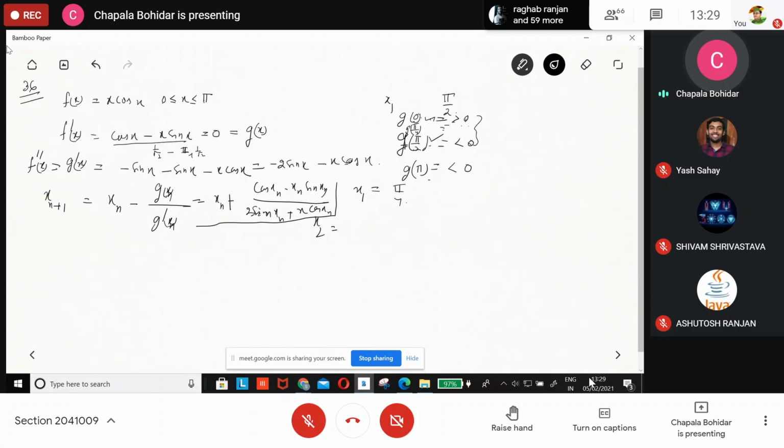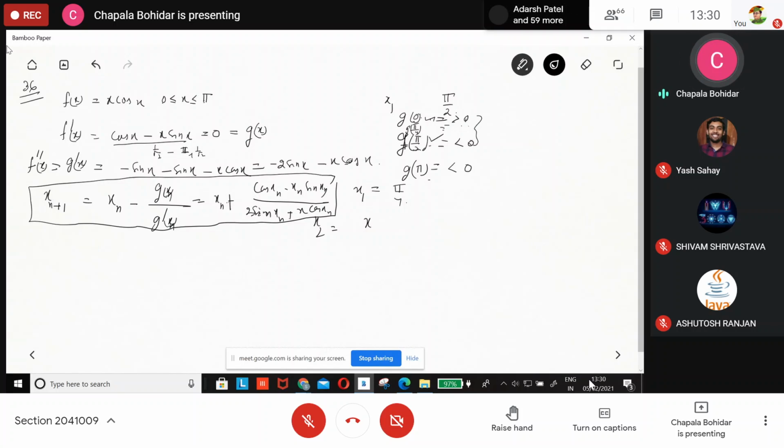I can write my formula this way. Clear to all of you? This part? It is positive because I am taking minus common, so here it is minus minus plus.